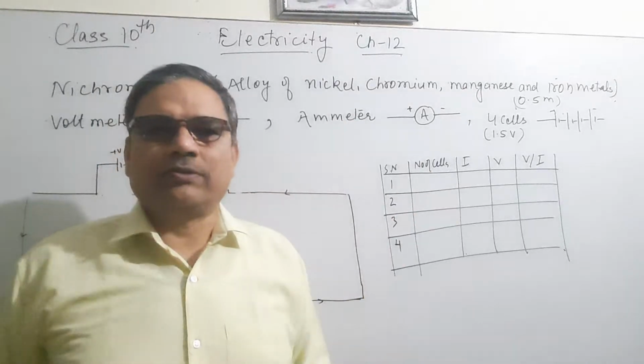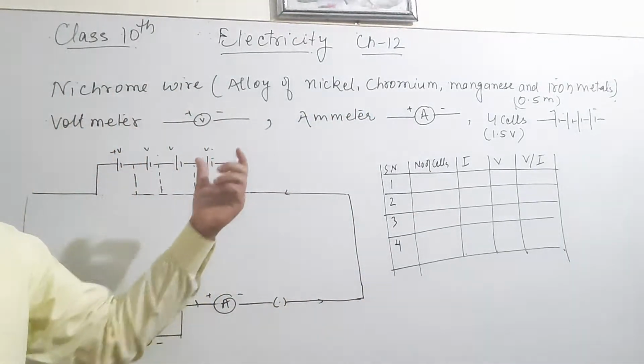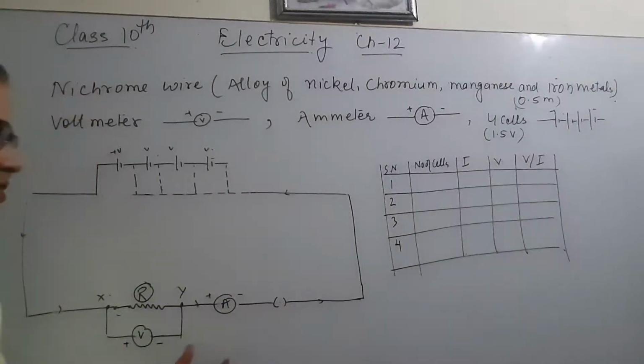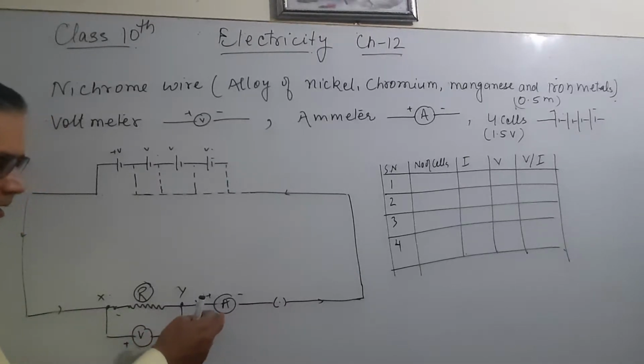And Ohm arranged the components and formed a circuit like this. Here is the voltmeter, here is the nichrome wire, and this voltmeter is connected in parallel, and this is the ammeter, which is used to measure the electric current.